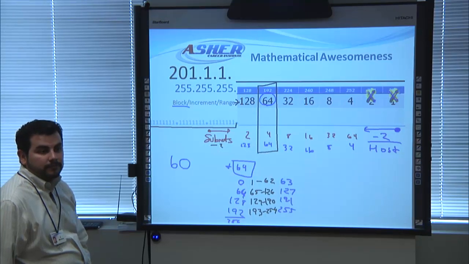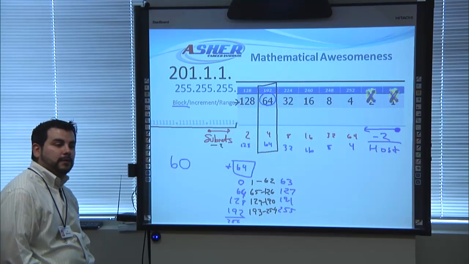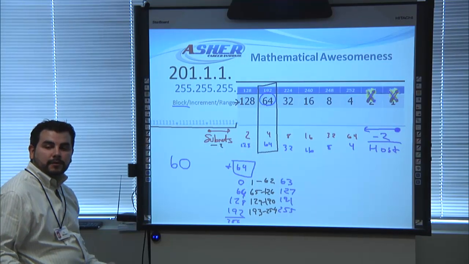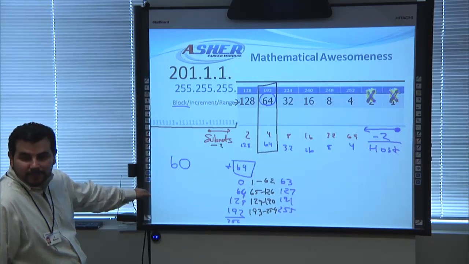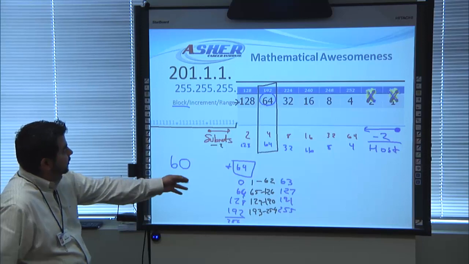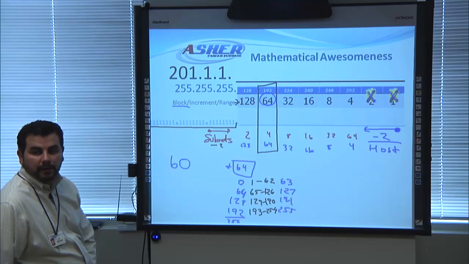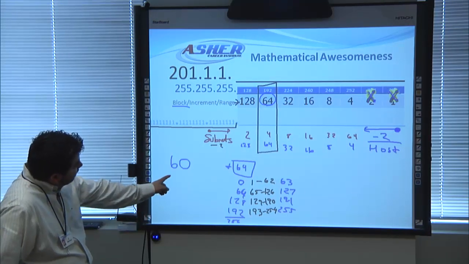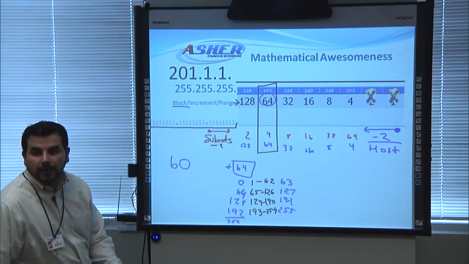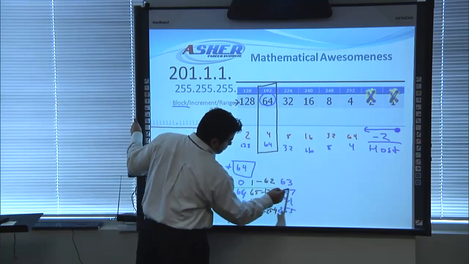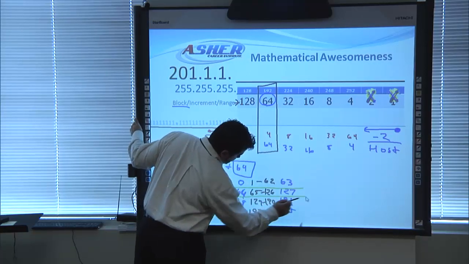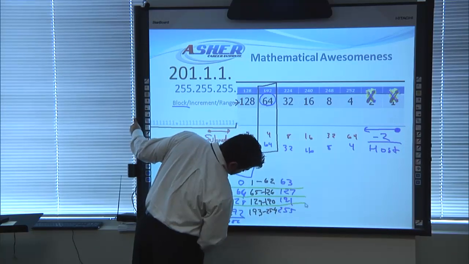Okay? You with me? Bertha? Chris? No? The numbers in the blue, that is your range. 0 to 63. That is your range. That is your block. But 1 through 62 is the available in that range. I don't know if this is going to help. It's going to make it more cluttered, but there it is right there.